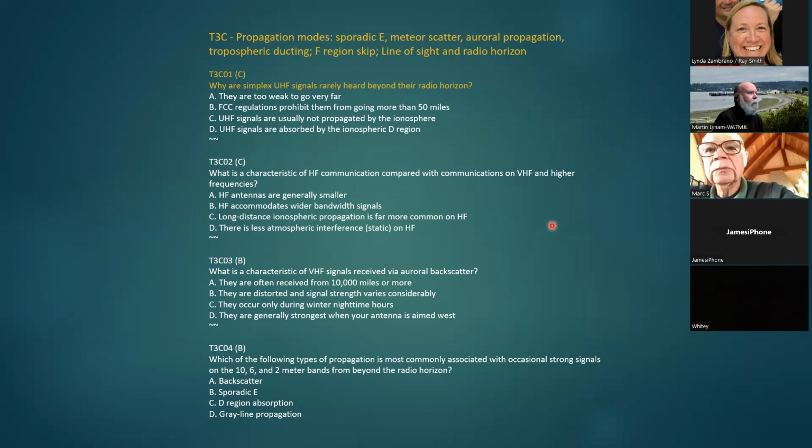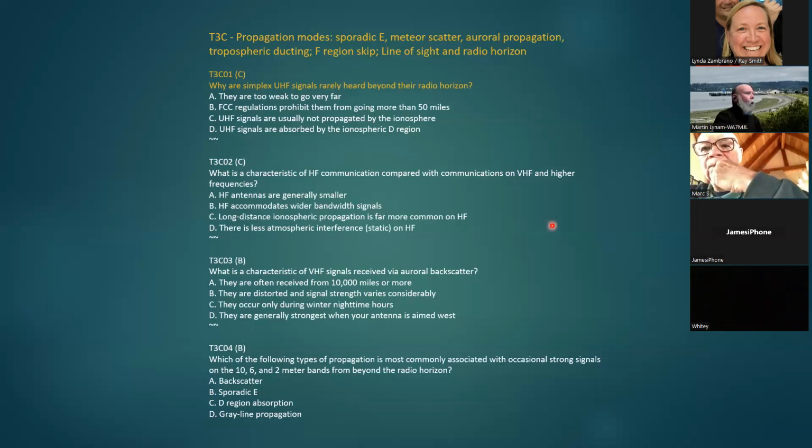As a VHF and UHF user, the two that are really important to you are line of sight and the radio horizon, since the longer distance propagation modes are generally not used in emergency communications. They're used more by hams that are trying to see how far they can talk.